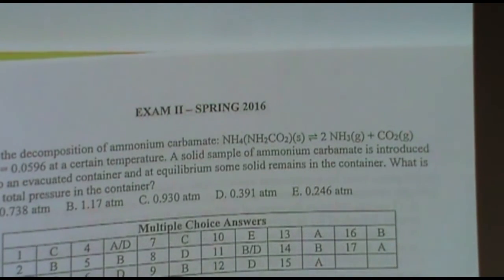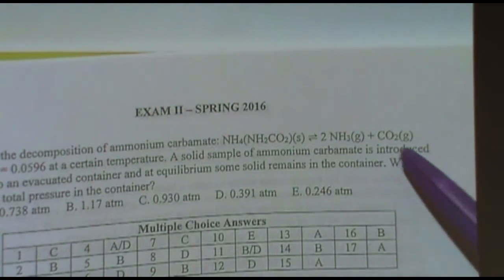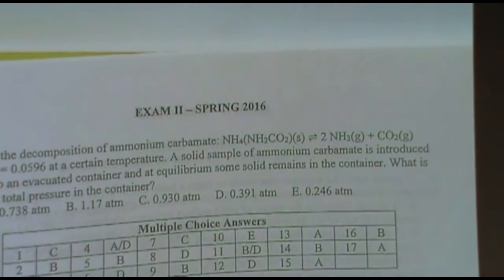What phase change, anybody? What is the phase change? Sublimation. It hasn't sublimed yet. So it hasn't undergone sublimation, and so there's no gas once you introduce it, but soon, once it reaches equilibrium, there'll be gas. Is that okay?